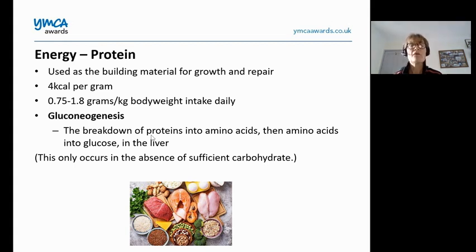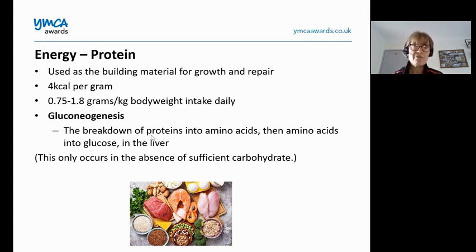So if we have lower energy requirements, lower activity levels, we should be consuming lower levels of protein. But if we're doing intense exercise and heavy weightlifting, we're going to be looking at consuming higher levels, up to 1.8 grams of protein per kilogram of body weight. More of that is covered within the nutrition module. This is just an overview.